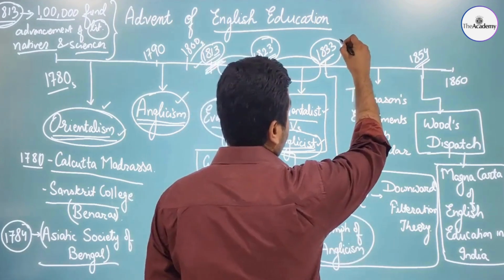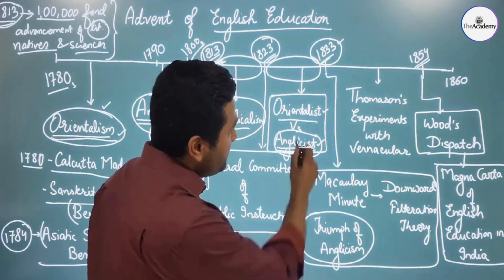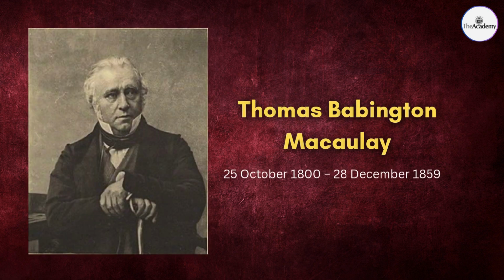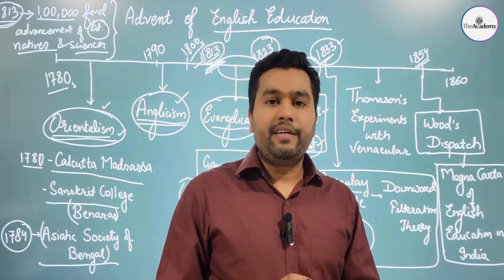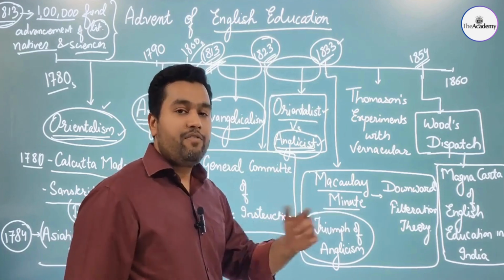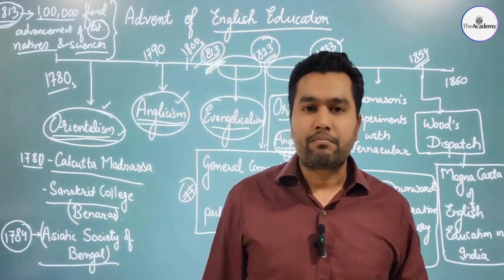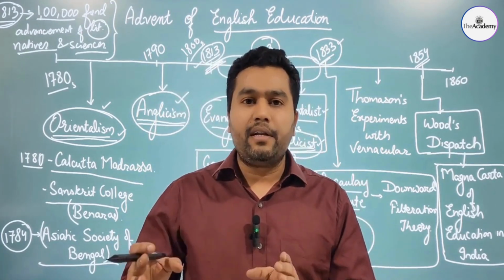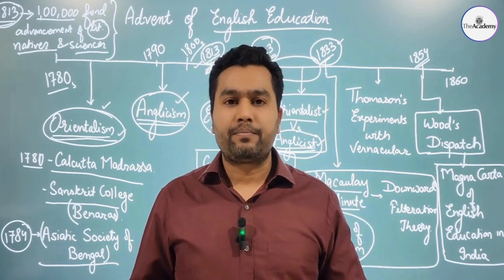So after the 1833 Charter Act, we will see Lord Thomas Macaulay, who was a law member in William Bentinck's executive council, give his Macaulay Minute. Lord Macaulay, as an Anglicist, held Oriental learning in contempt.